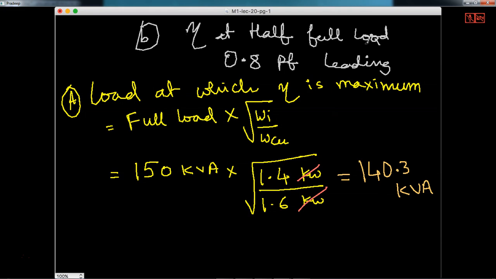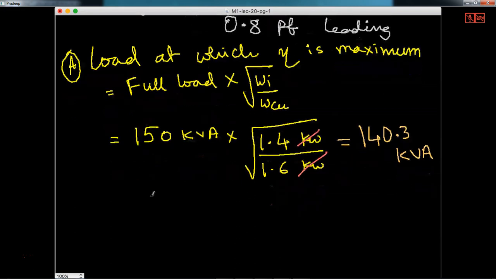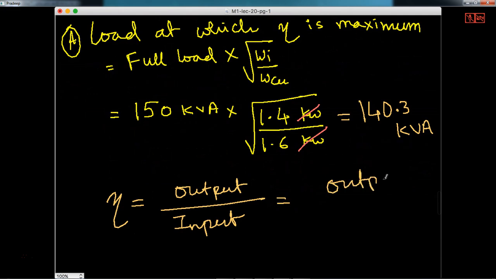The next one, efficiency at half full load, 0.8 power factor leading. Now, what is efficiency? Efficiency is nothing but output by input, that is output by output plus losses. So now I want the output.